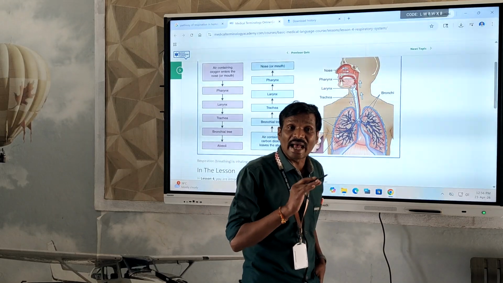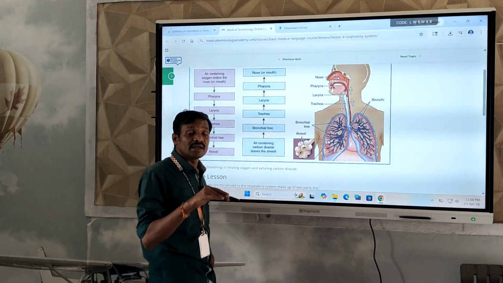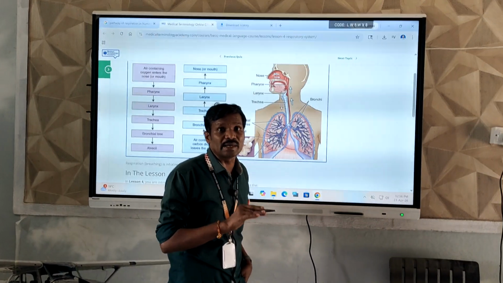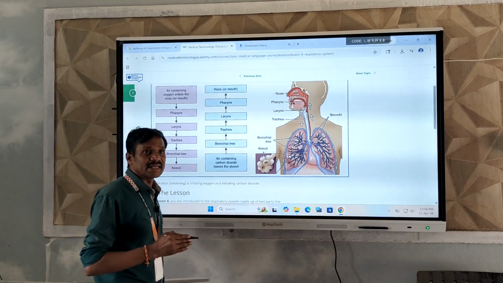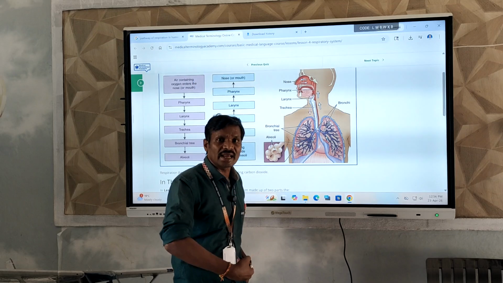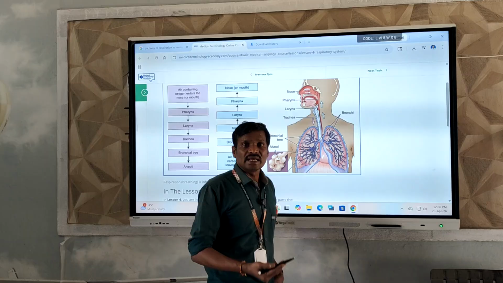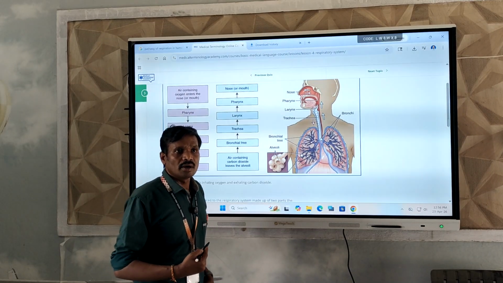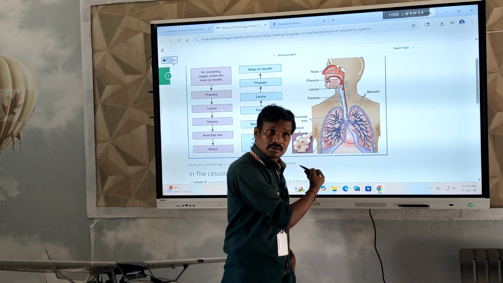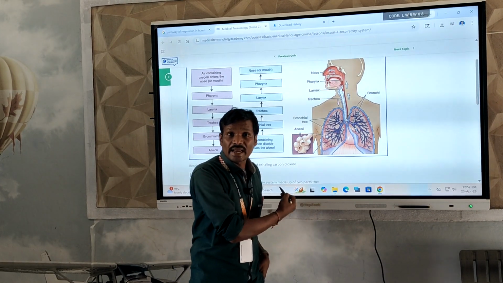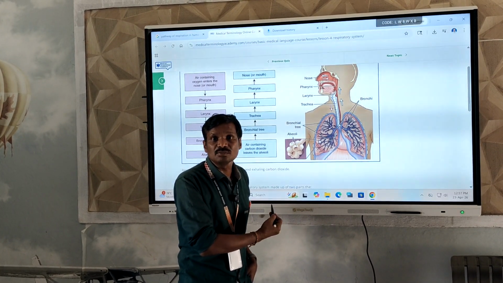The triphosphate is converted into diphosphate, so whenever it loses one phosphate molecule, the cell gets energy. Whenever we inhale air into our body, we can get the energy; otherwise it is not possible. So that is the topic regarding the pathway of air inside our body, the entire mechanism of breathing.